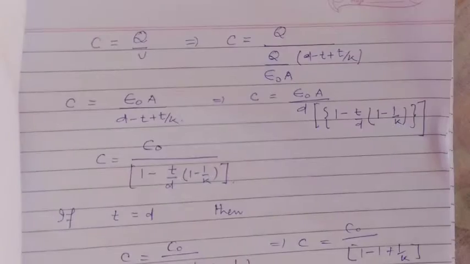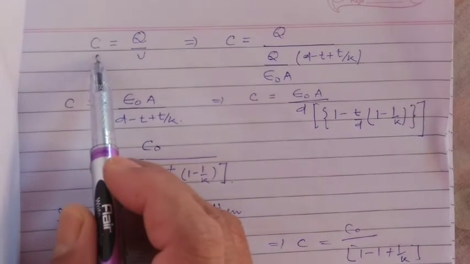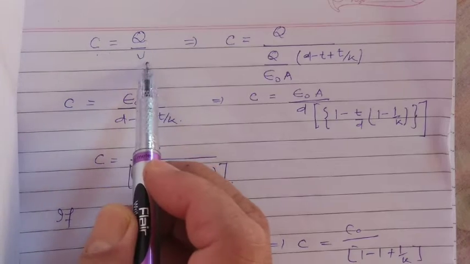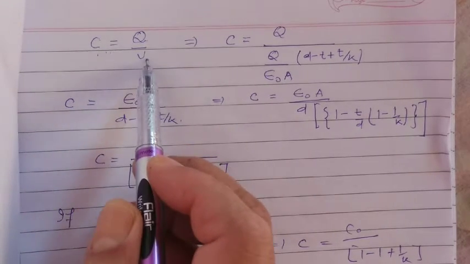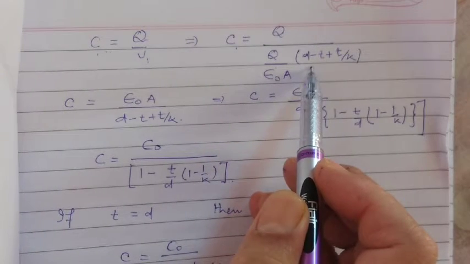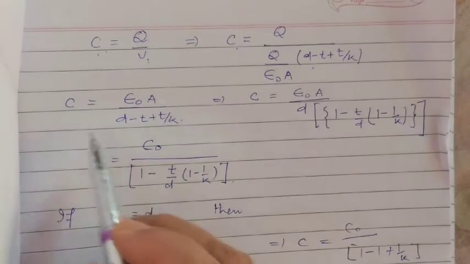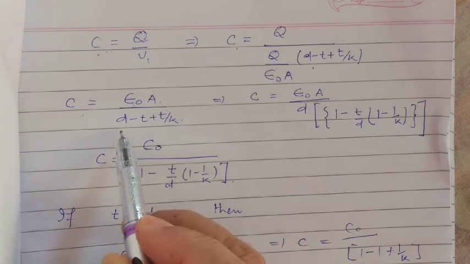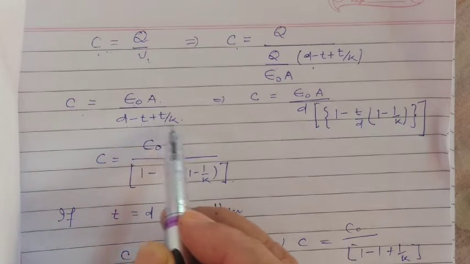We know that capacitance is defined as the ratio of the charge and potential, C is equal to Q by V. Putting the value of V, we get C is equal to epsilon naught A by (D minus T plus T by K).